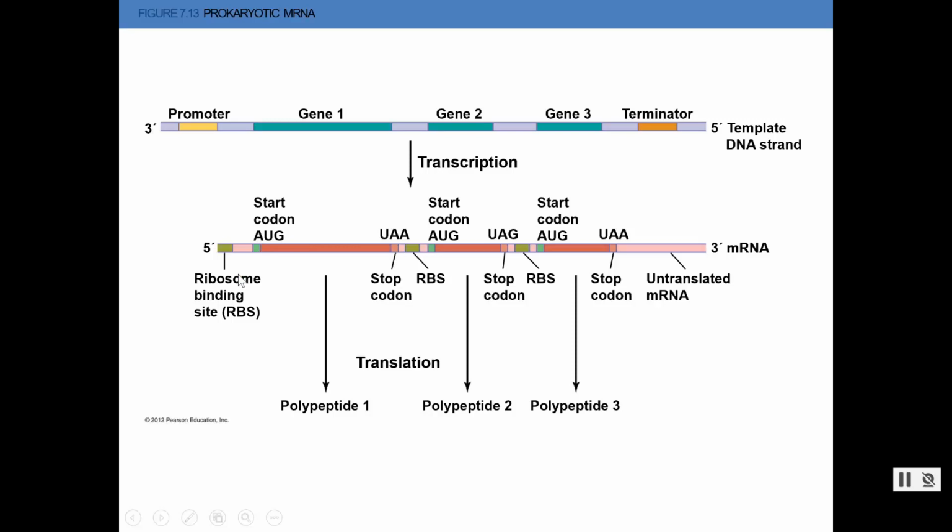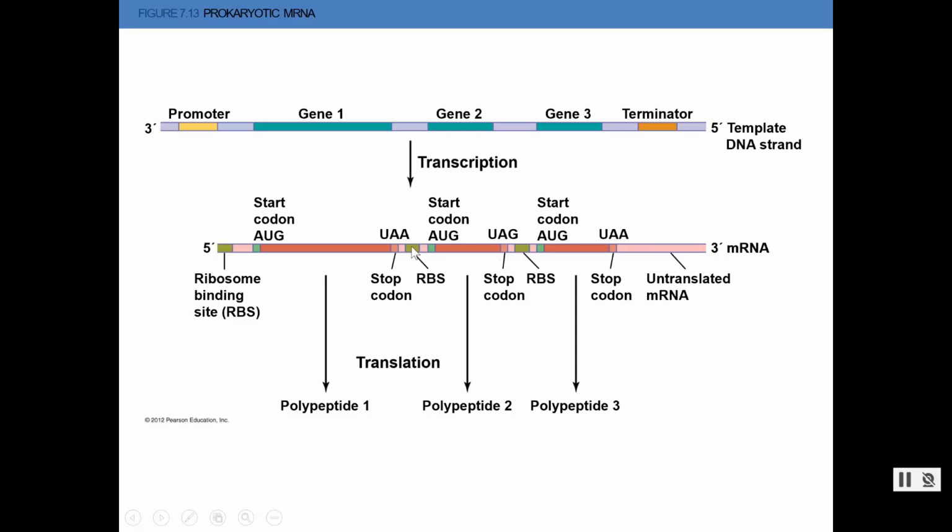So the ribosome has a place to bind on your mRNA. The ribosome binds, and then the ribosome moves through. It'll start adding amino acids at the start codon, and you'll start making that protein, and it'll continue until it reaches a stop codon. And so then we get translation, and we made a polypeptide chain, which will fold into a functional protein. In this prokaryotic cell, we've got another start and another stop and another start and another stop.